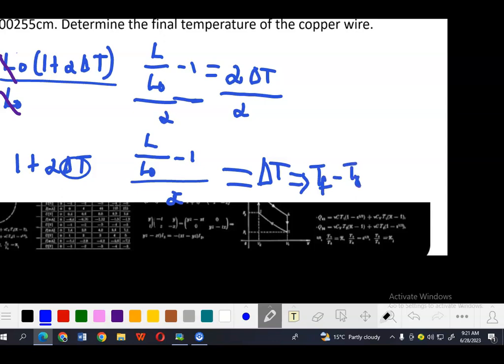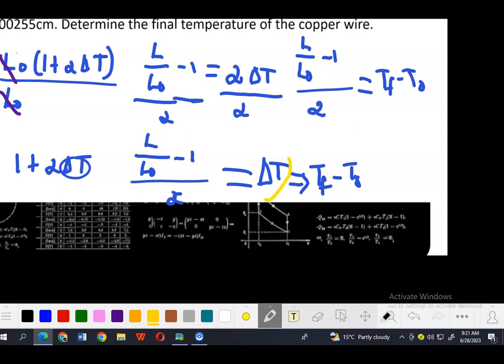So rewriting our equation, we will have L over L naught minus 1, all of this divided by alpha, which is nothing but T final minus T initial, the final temperature minus the initial temperature, which is what we are calling delta T. That is exactly what we mean when we say delta T. We are referring to the final temperature minus the initial temperature.